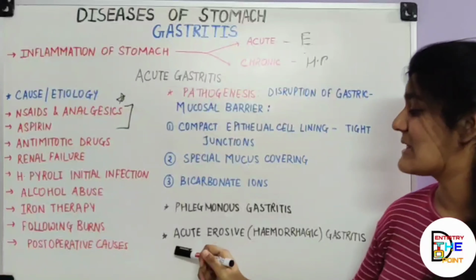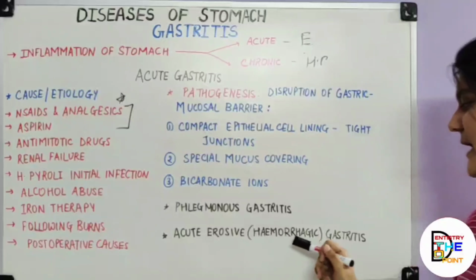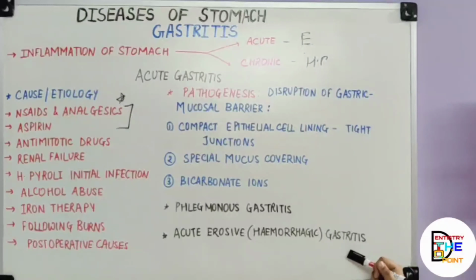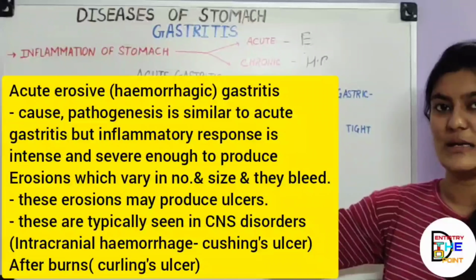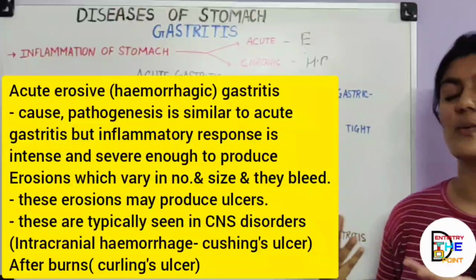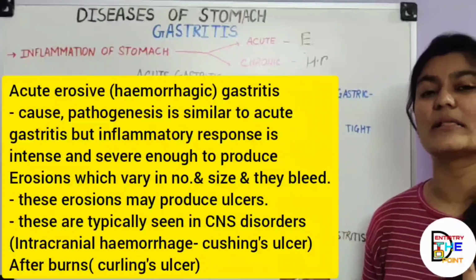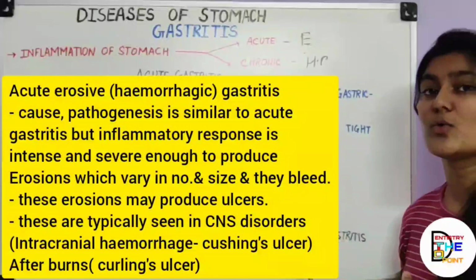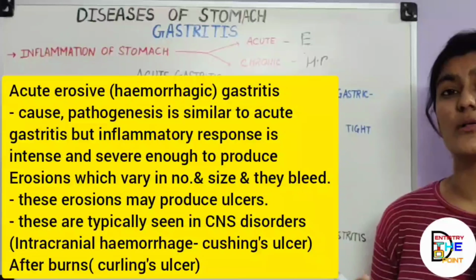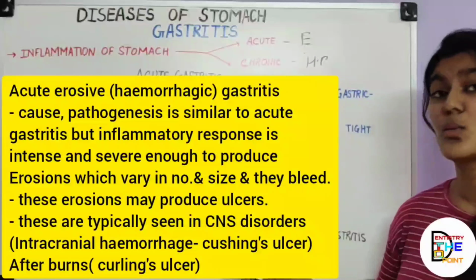Okay. Next is your acute erosive hemorrhagic gastritis. Now in etiology, in pathology, in pathogenesis, everywhere it is similar to acute gastritis, but the inflammatory changes produced are very intense and severe here. Because the name itself says erosions and hemorrhages, the inflammation produced is so severe that it causes varying numbers of erosions which bleed.